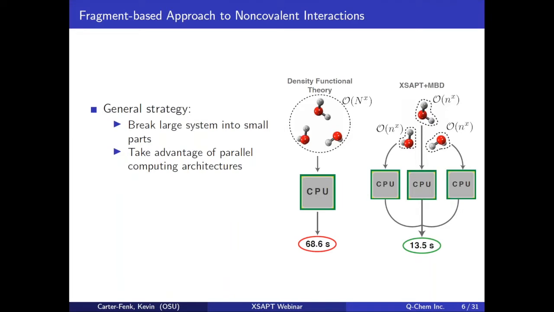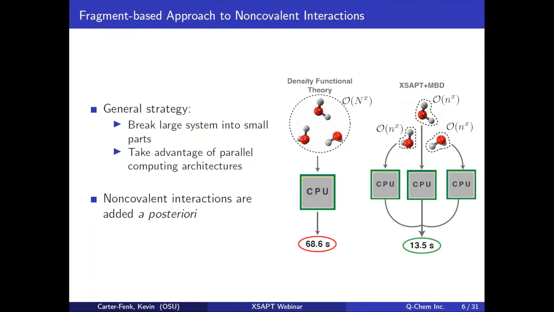And in this way, we can parallelize these calculations quite trivially, which leads to a speed up on this system of about a factor of 5, because we're able to do the monomer calculations separately.